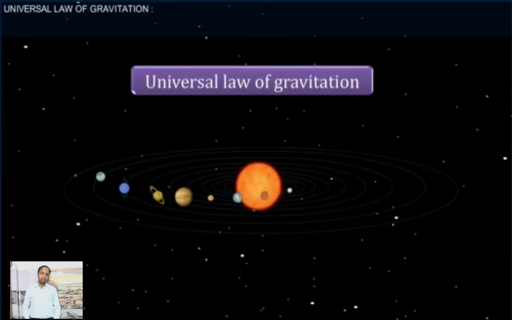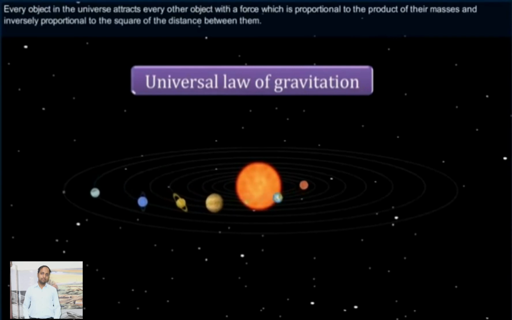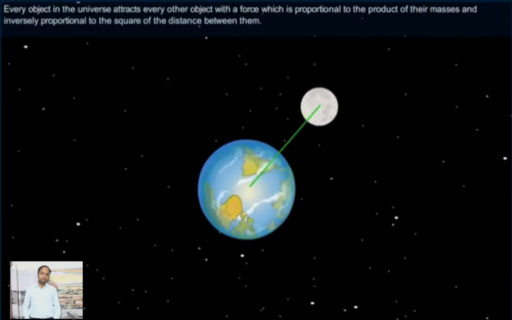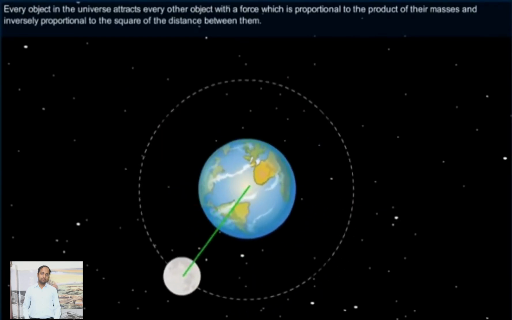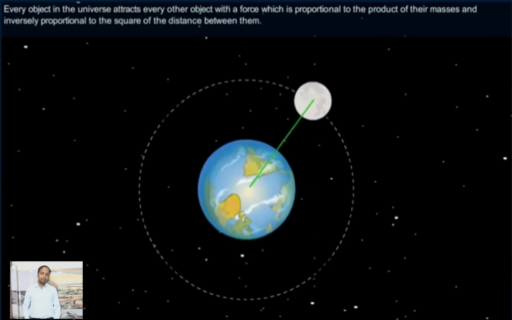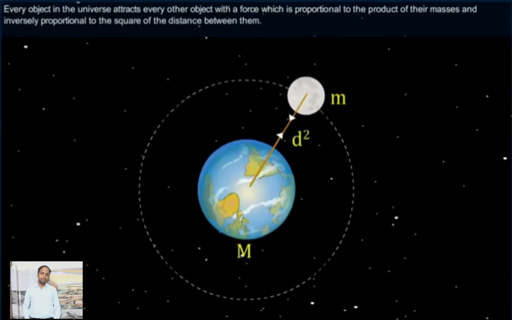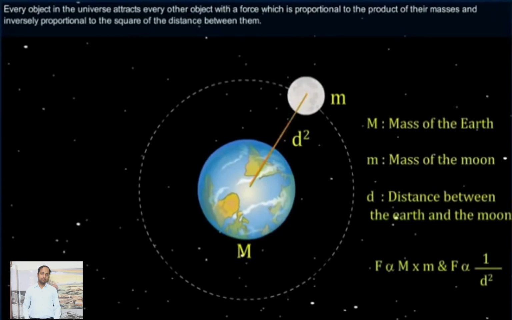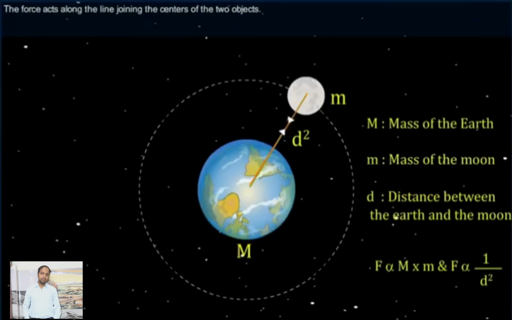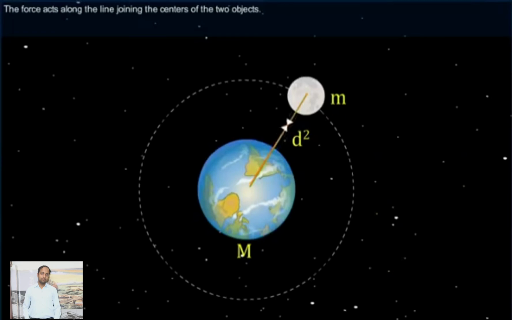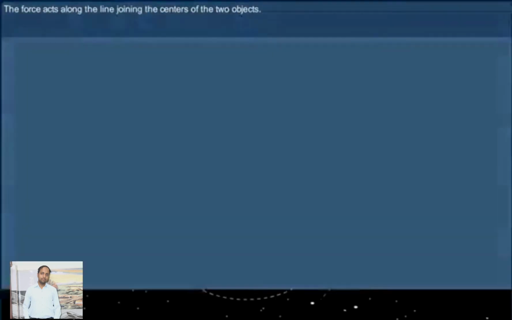Universal law of gravitation: every object in the universe attracts every other object with a force which is proportional to the product of their masses and inversely proportional to the square of the distance between them. The force is along the line joining the centers of two objects.